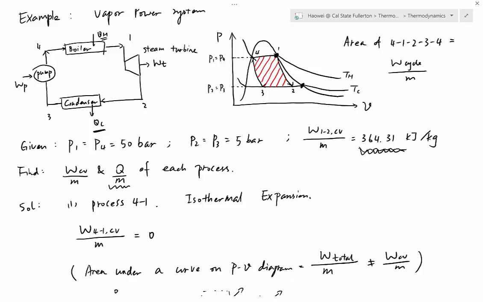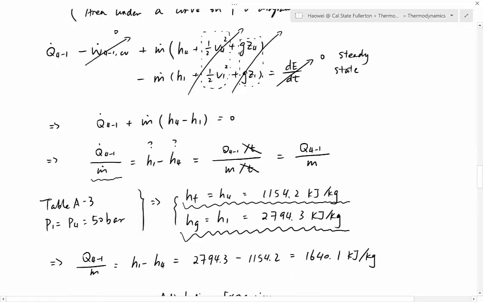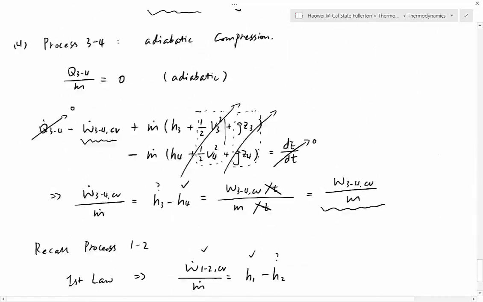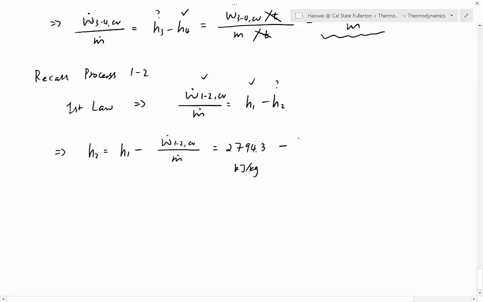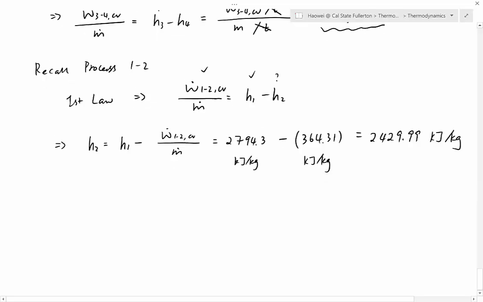So that's why we're plugging in a positive 364.31. So minus a positive number, 364.31. The unit is also kilojoule per kilogram. So the solution for H2 is 2429.99 kilojoule per kilogram. This is how you find H2.